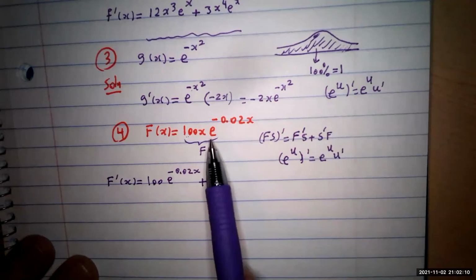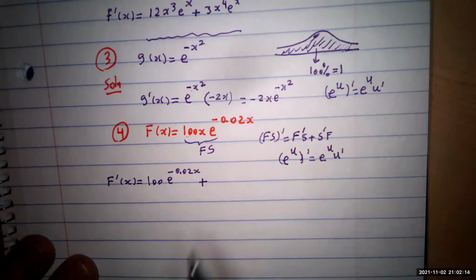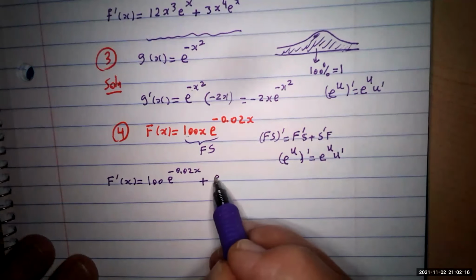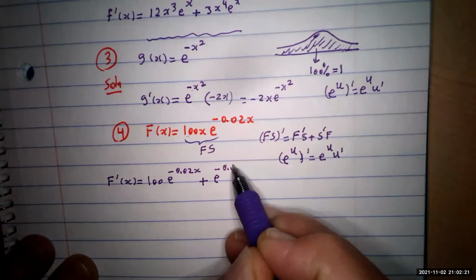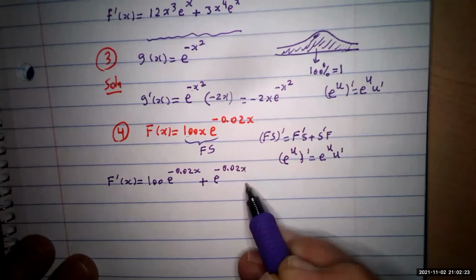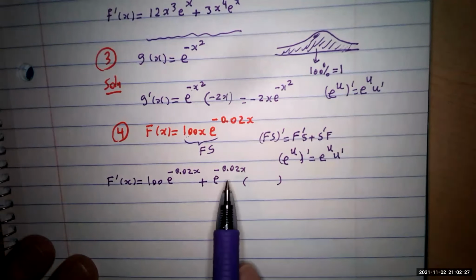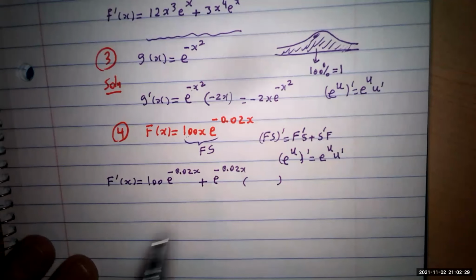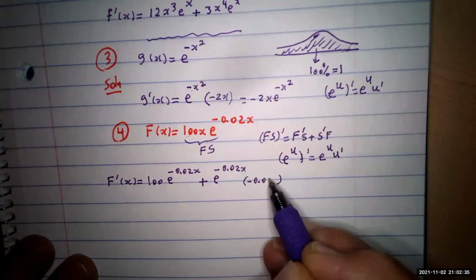The second one is the e function, e to the u. The e function never changes, so the derivative is e to the negative 0.02x, but you have to pay for it with u prime. U prime is the derivative of the top. The derivative of negative 0.02x would be negative 0.02.